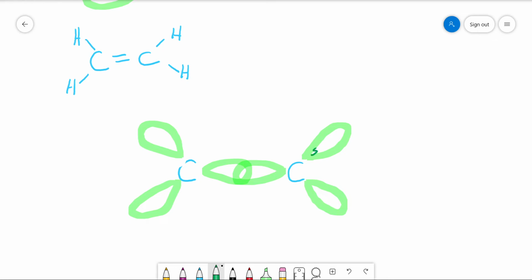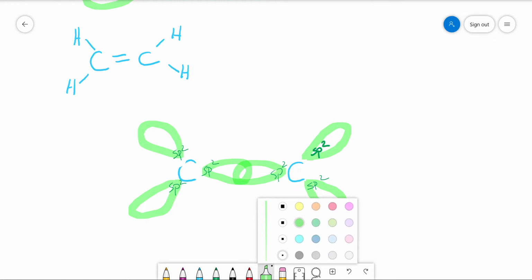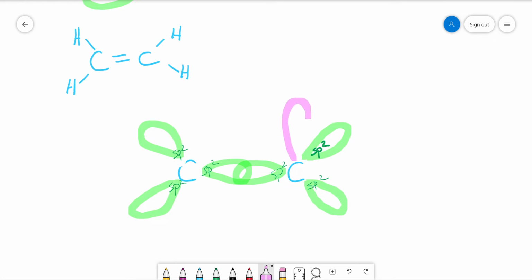I'm just going to label them just to make things clearer. So these are all sp2. Notice each carbon has 3 sp2s. Okay, so those are our sp2s. And now I'm going to add the p orbitals, because that p orbital is still there.